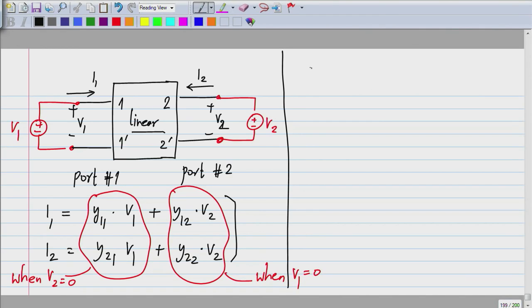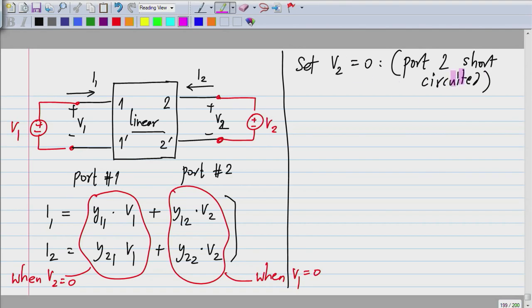Now, first of all, let's say I set V2 to 0. If I set V2 to 0, it's the same as saying that port 2 is short circuited. If I substitute that with V2 equal to 0, what I'll get is I1 is Y11 V1.